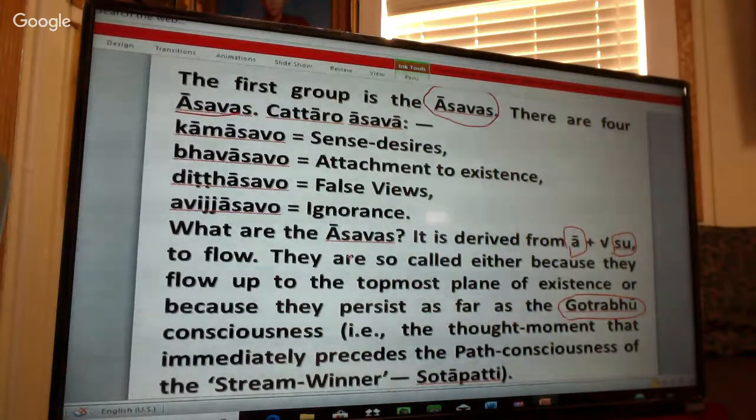So jhana cannot destroy the kilesa, jhana just suppresses the kilesa. If I give an example, if you put muddy water on the table, without moving, the mud settles down and the water becomes clear.